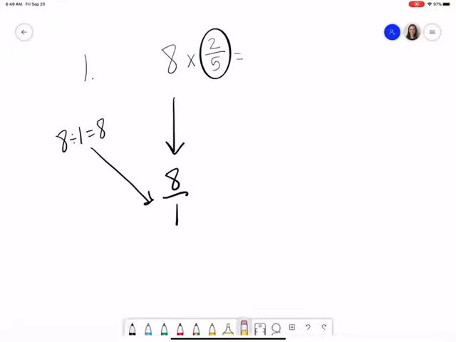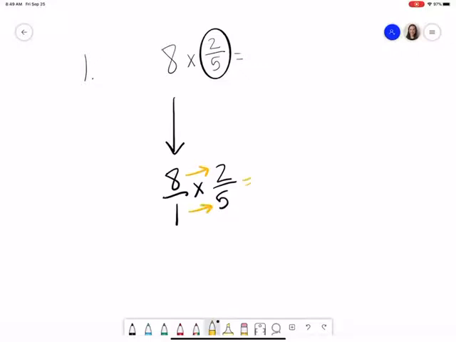Okay? All right, so we could do 8 over 1 times 2/5. Okay? Now, what's my next step in multiplication? Hopefully you were thinking you're going to multiply across the top and multiply across the bottom.